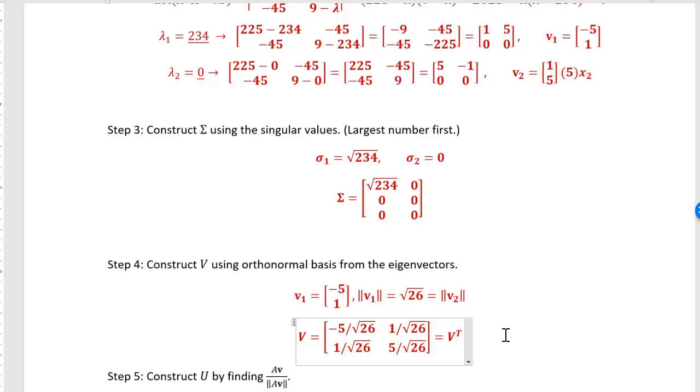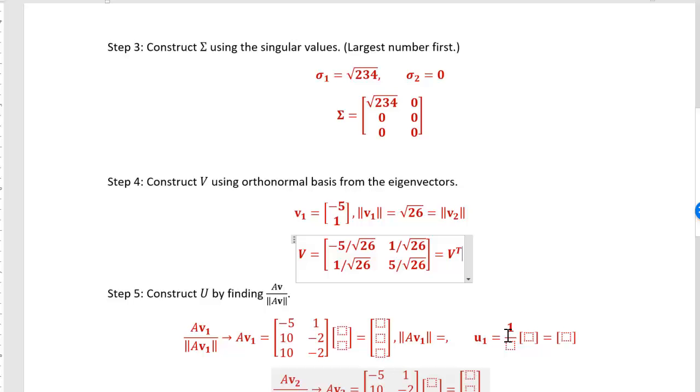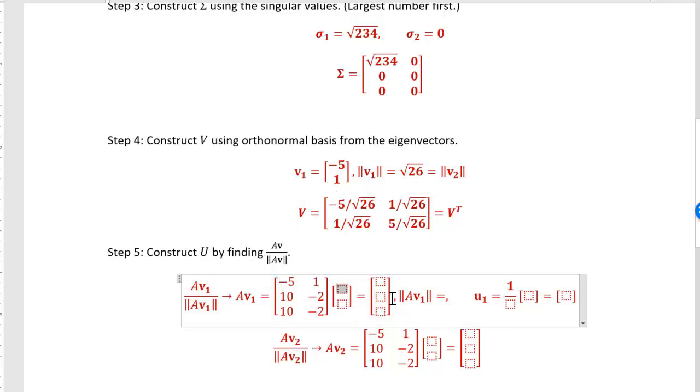So now let's find our U matrix. For our U matrix, what we want to do is take our eigenvectors and multiply them by our original A matrix. Now we can use the normalized vector, but I think it's better to use the original vector so that again we're dealing with nicer numbers and not have to worry about square roots, because we're going to have to find the magnitude of that anyways.